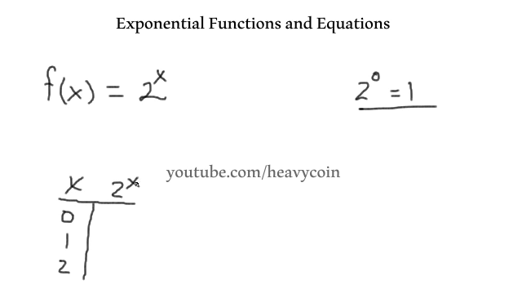So when we plug 0 in up here, 2 to the 0, we get 1, and then 2 to the first power we get 2, and 2 to the second power, we're taking this 2 and plugging it over here, we get 4. So we call this exponential growth. The function is increasing exponentially, so you might hear that also. And we can go on and on forever like that.